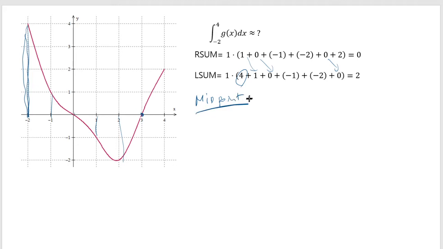And then finally the midpoint. Well, this is trickier. You have to estimate the midpoints. So if you draw the midpoint, you get this value, and the problem is we're not given the exact formula for the function, so the best we can do is just use judgment. I think this is about 2.5, right?